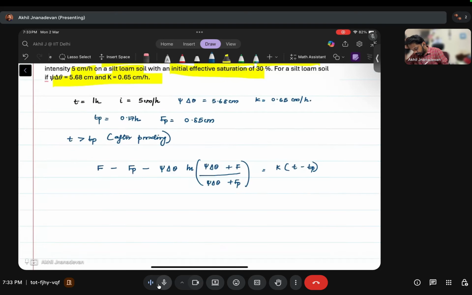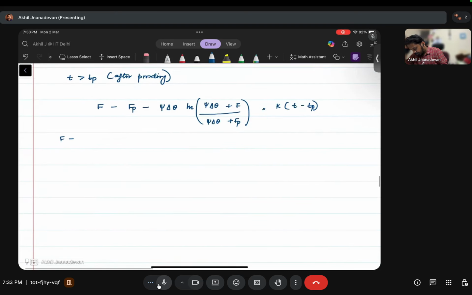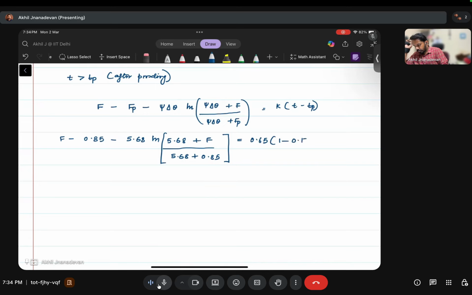Fp we got as 0.85, and minus psi delta theta is 5.68 ln of (5.68 plus F, which is unknown) divided by (5.68 plus 0.85), is equal to 0.65 into (1 minus 0.17), which is equal to 0.54 that we will be getting.